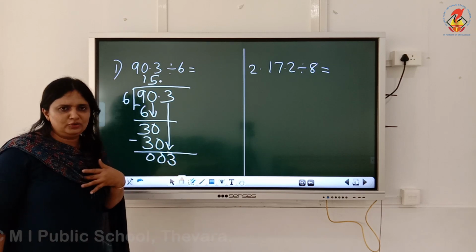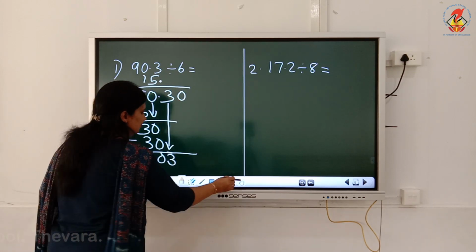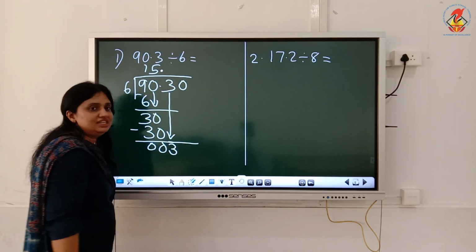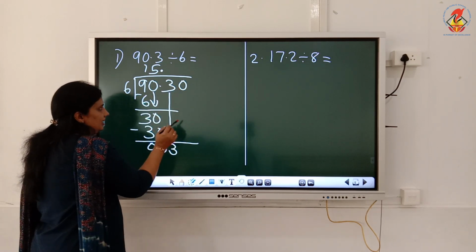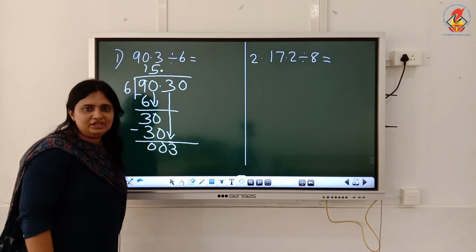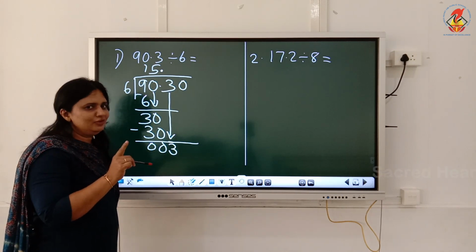What do I want to do? I need to add one 0 in the dividend. Is it clear? Add one 0 in the dividend, that I have told you, right? And after that, I need to take the 0 down. But just before, I need to put one 0 in the quotient, right?